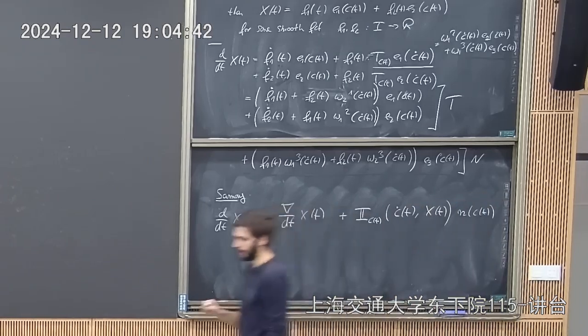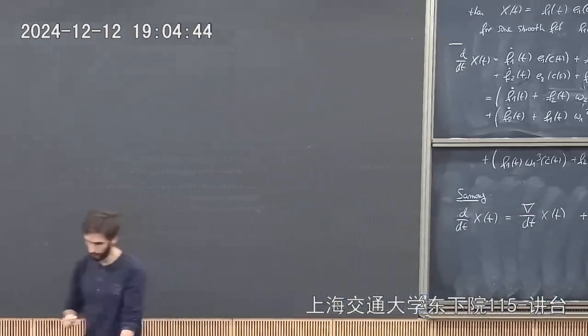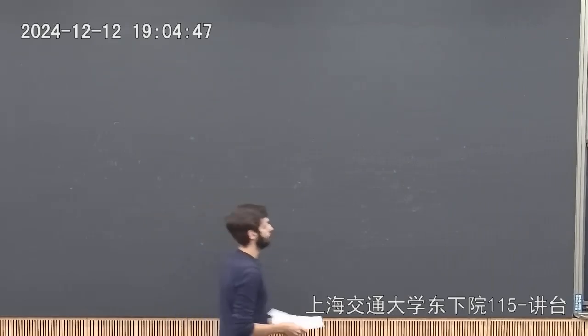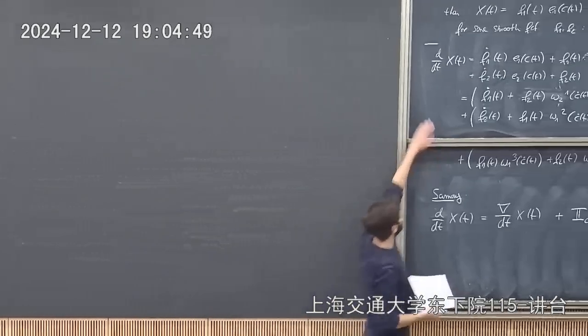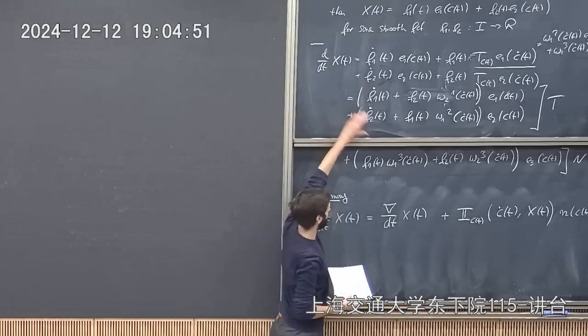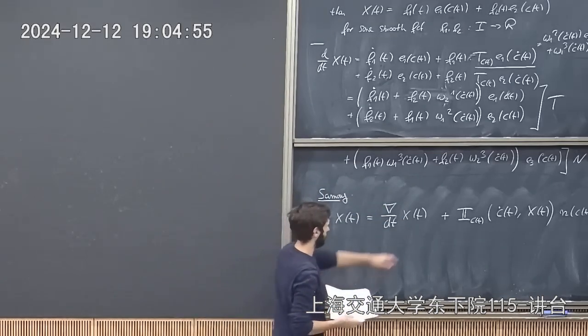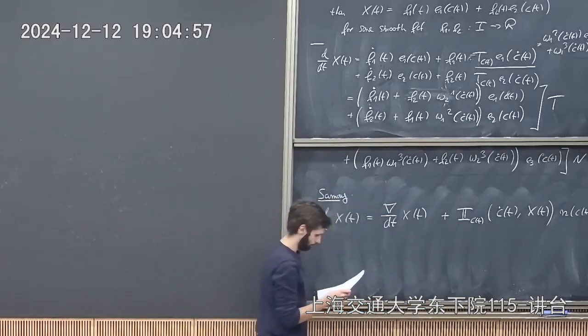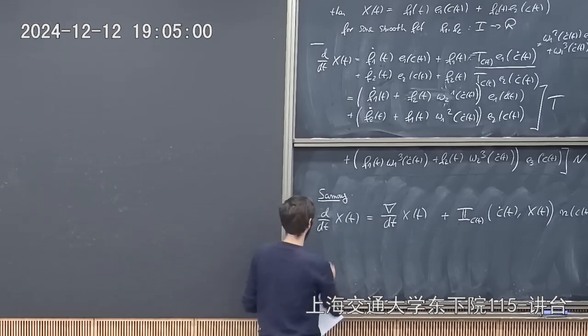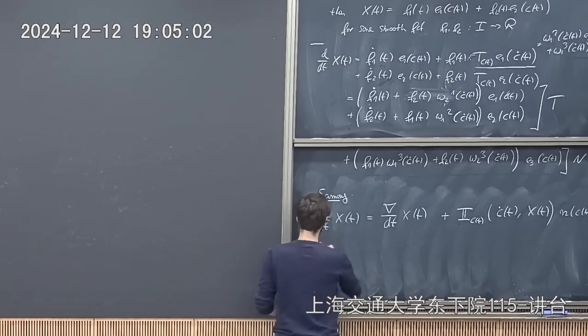So that's the upshot of our discussion, that we can combine this formula. The first term was the covariant derivative, and the second one, by comparing over there, we got that it's the second fundamental form.